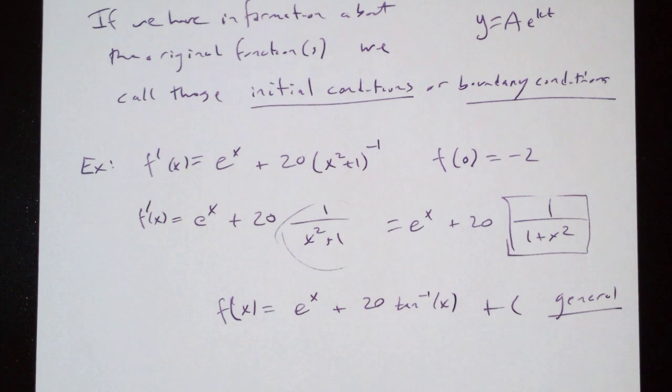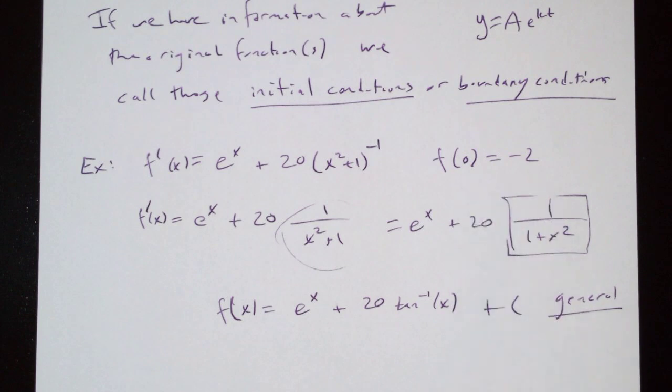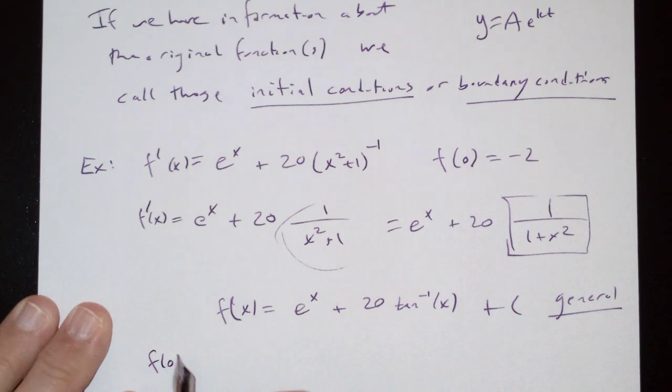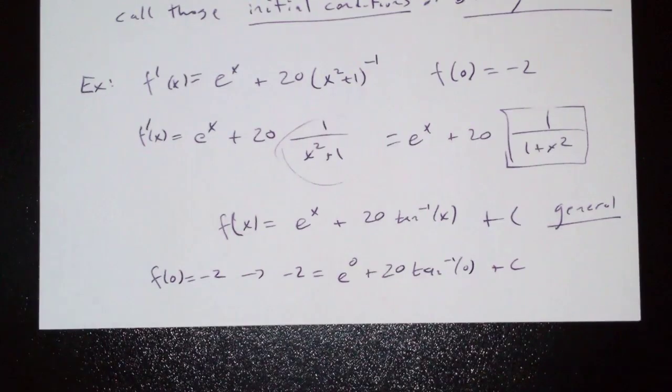And here's where I get to use my initial condition. That initial condition says if you plug in 0, you're going to get out -2. f of 0 equals -2 means -2 is equal to e to the 0 plus 20 tangent inverse of 0 plus c. What's e to the 0?